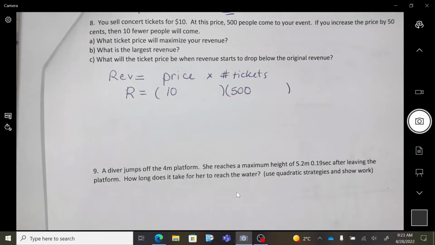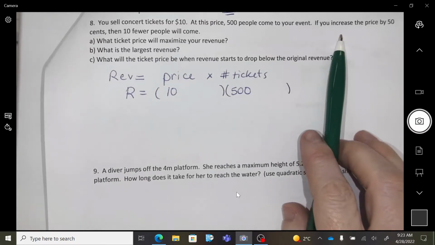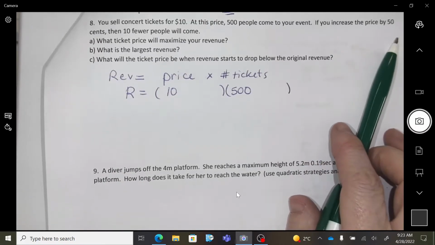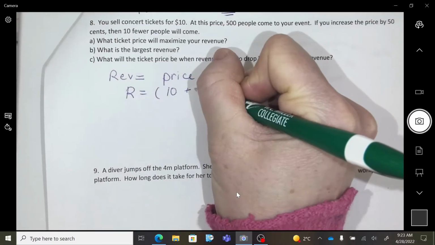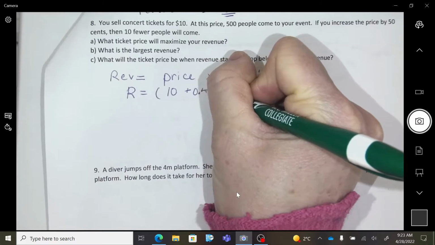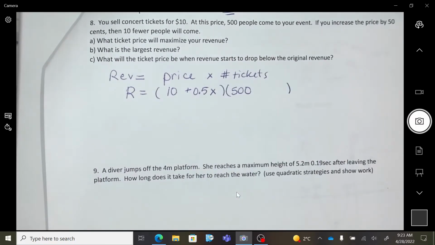Okay, if you increase the price by 50 cents, increase by 50 cents, right?